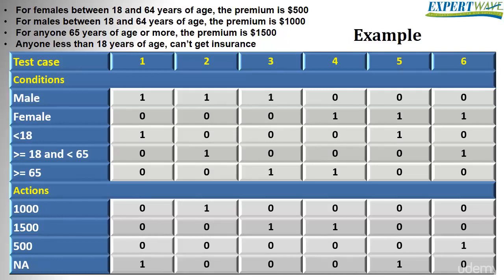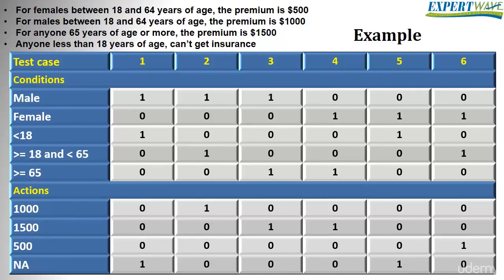We must make sure that we have exercised all possible combinations of conditions, both valid and invalid combinations. In our case, we have 4 valid combinations and 2 invalid combinations. To achieve full coverage, we should have at least 1 test per column in the decision table. So we should have 6 test cases to achieve full coverage in our example.